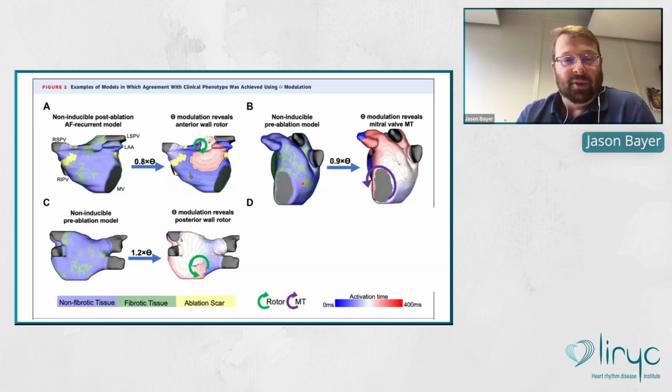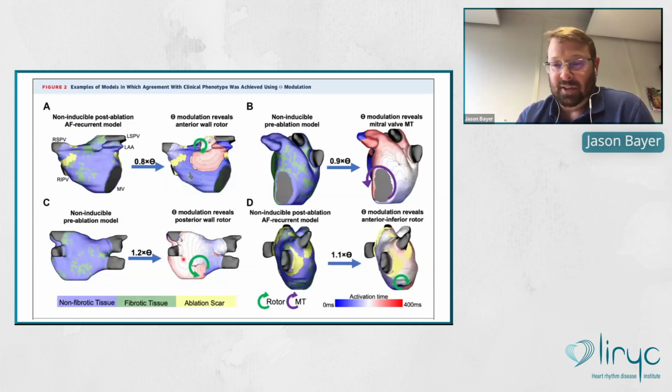And here's another example of non-inducible pre-ablation, where the modulation, when they increase the conduction velocity, so they had it both ways, when they decreased as well as increased, you get different types of behaviors closer to the patient.